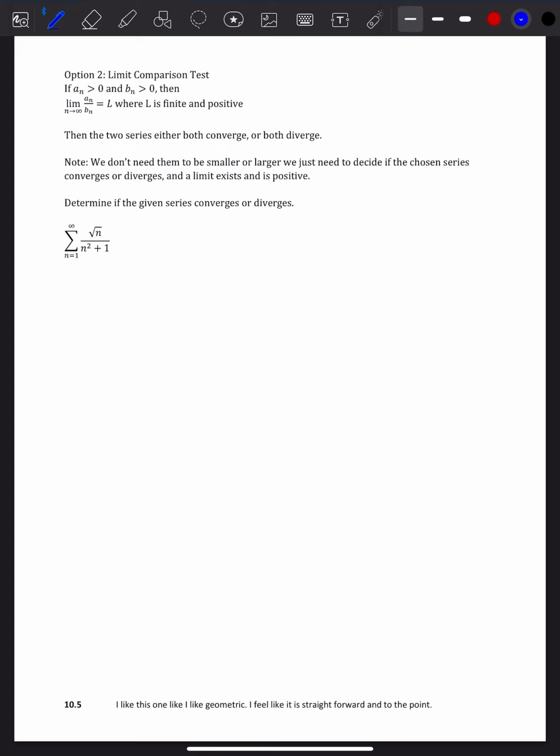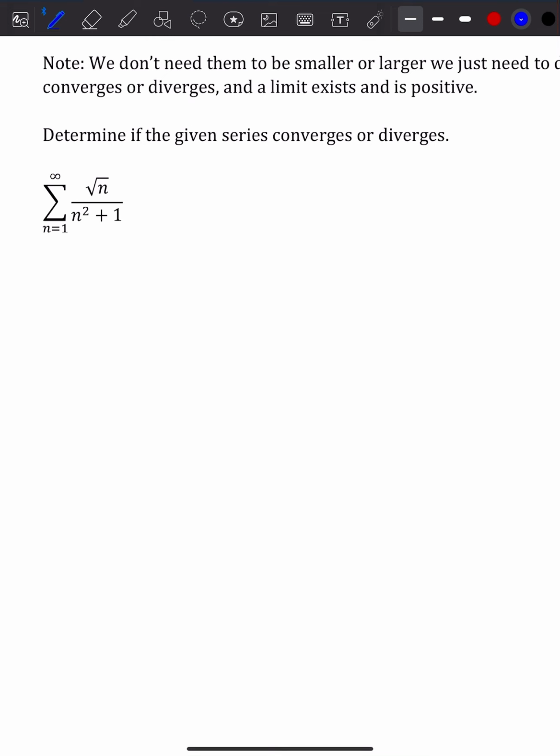The nice thing here is we don't need to decide if the function is bigger or smaller than the other. We just need to make sure that we're not putting in any weird negatives into a spot to make it a negative value.